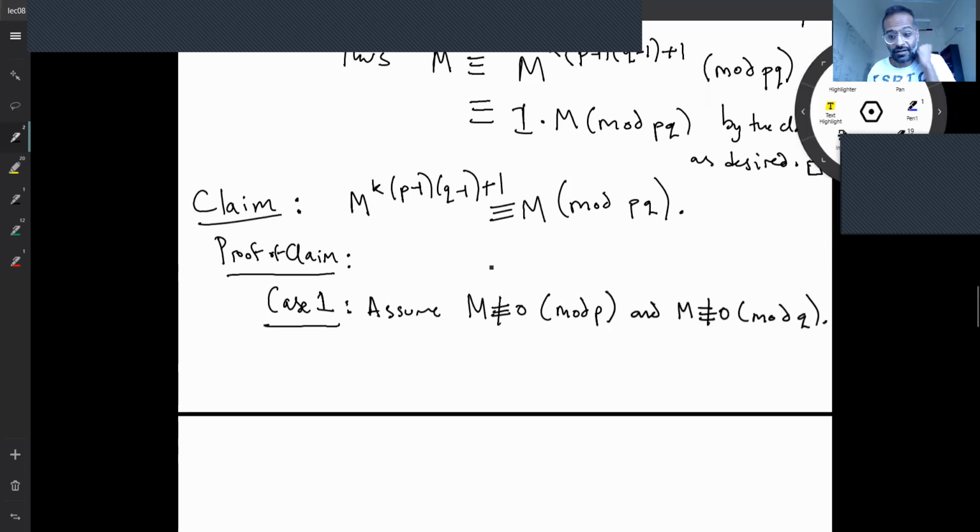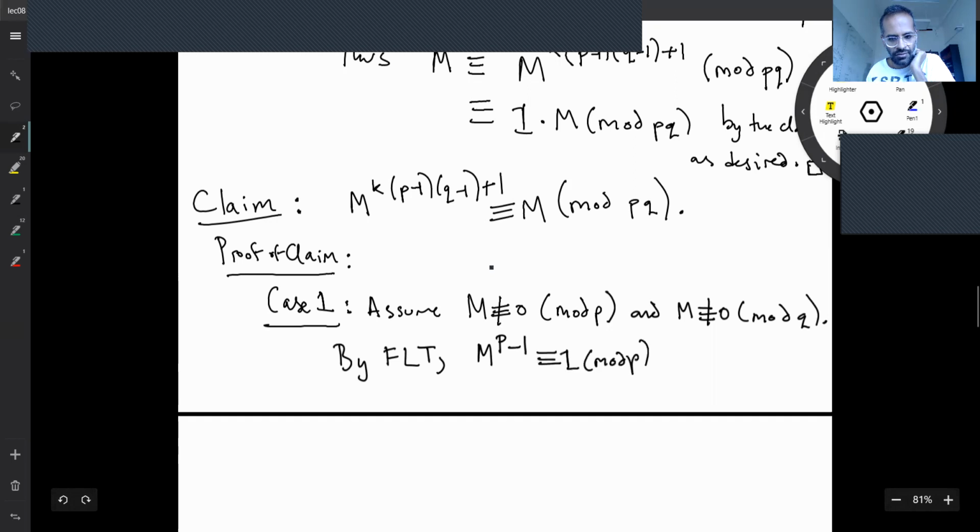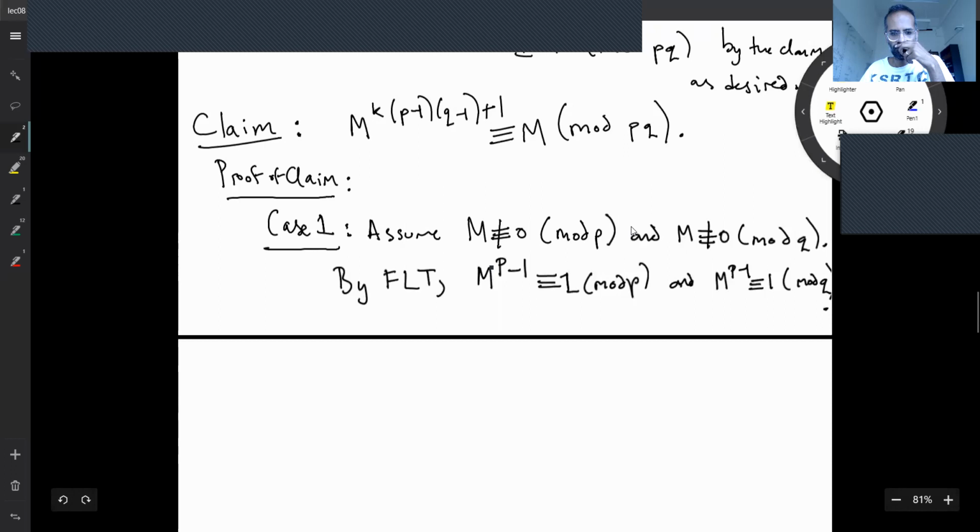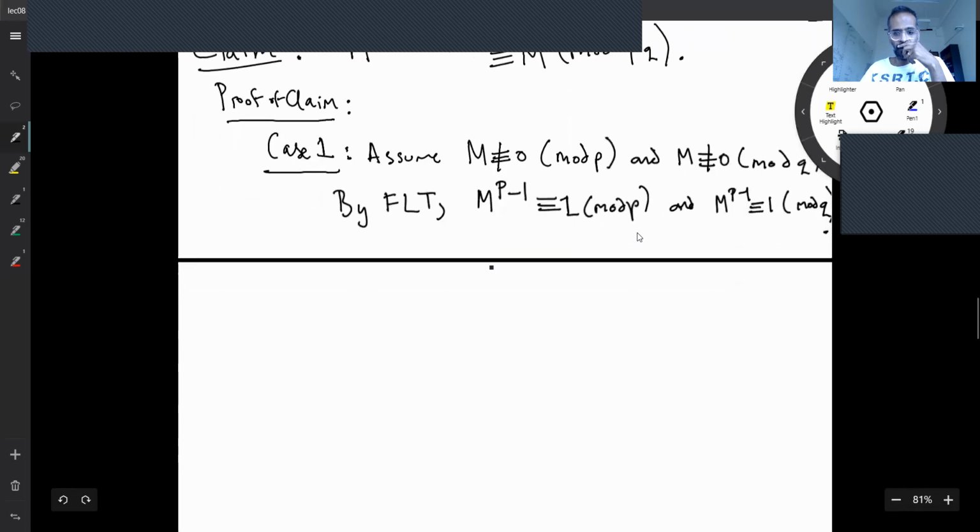Okay. Now I can apply Fermat's little theorem, right? By Fermat's little theorem, I have that M to the P minus 1 is congruent to 1 mod P, and M to the Q minus 1 is congruent to 1 mod Q. Oh, sorry, wait.